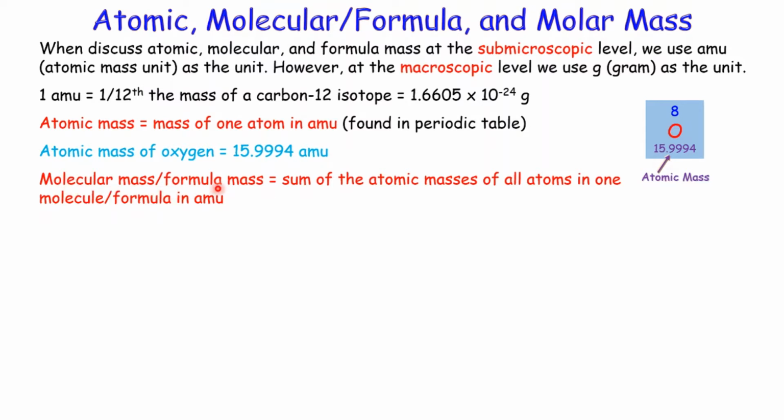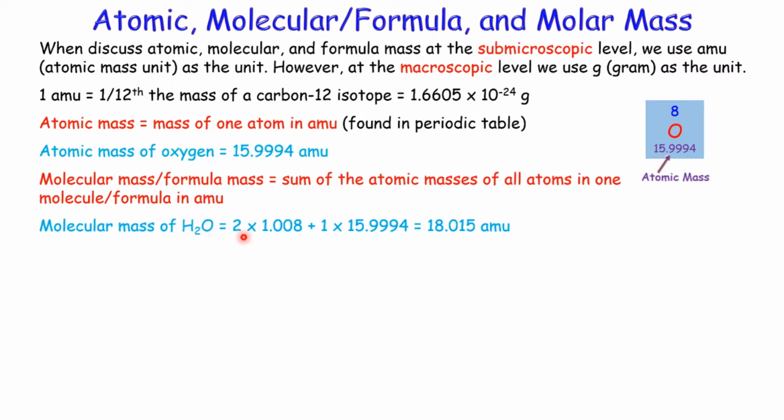Molecular mass, or formula mass for ionic compounds, which are not molecules so we just call it formula mass, is the sum of the atomic masses of all atoms in one molecule or in one formula unit. And that's still in AMU. Take water as an example.